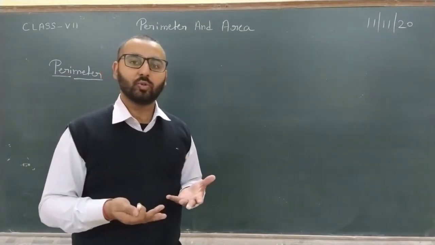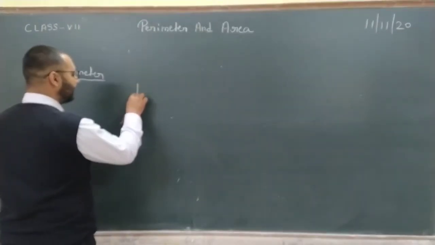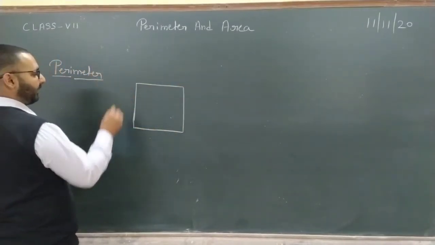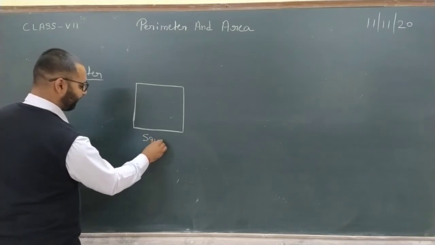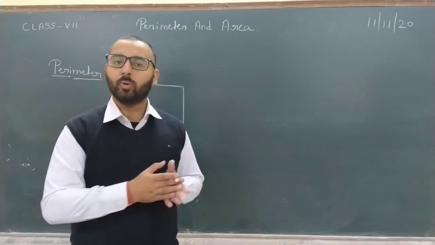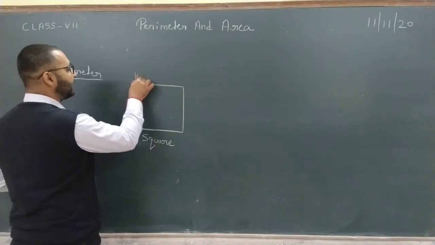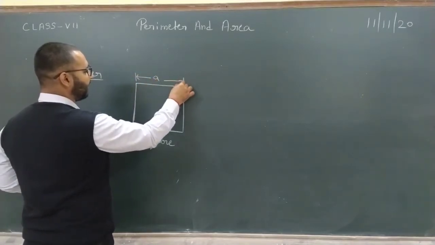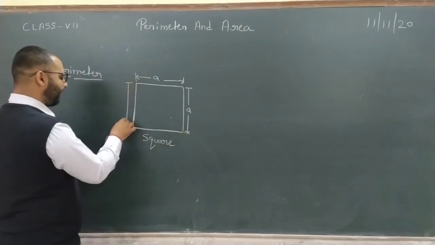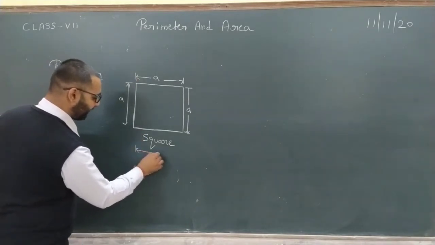Now which main closed shapes will we discuss in this chapter? The first shape is the square. In the case of a square, we all know all the sides are equal. Means if this side is A, then this is also A, and each and every side will be equal to A. Fine.